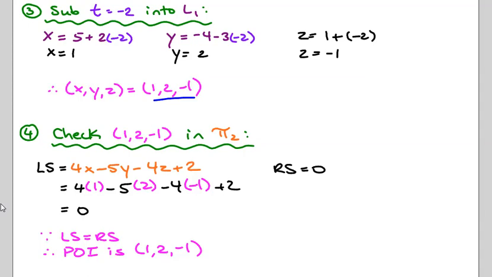Check to make sure this x, y, and z fit nicely onto your plane as well. And so sub them into your x, y, and z of your plane equation and see if it balances on both sides. If it does, it means that you got your answer correct and that your point is actually 1, 2, and -1.